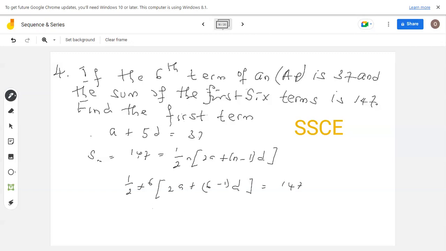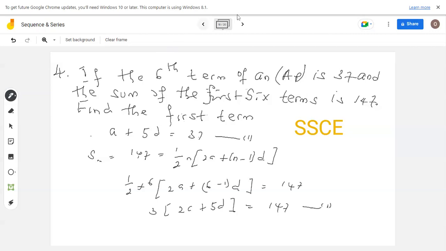So this one is going to give us 3 into 2a plus 5d is equal to 147. And this is going to be equation 2, and the earlier one equation 1. So we can put them together on the next page.